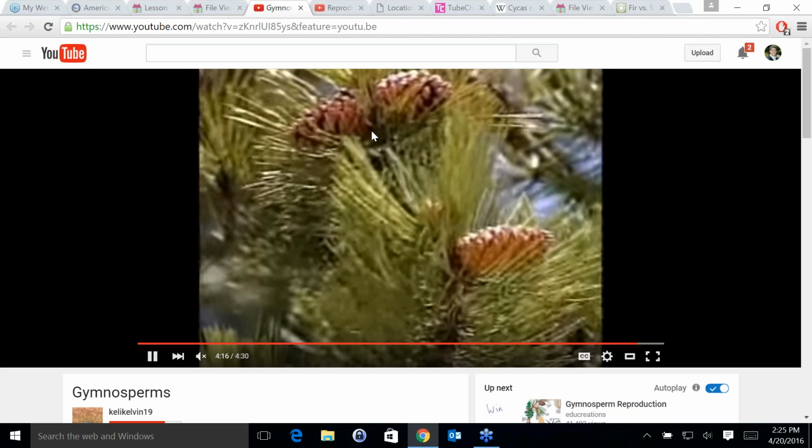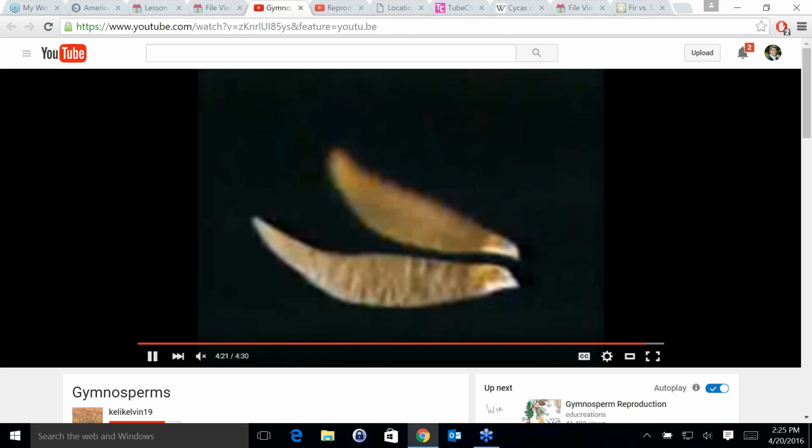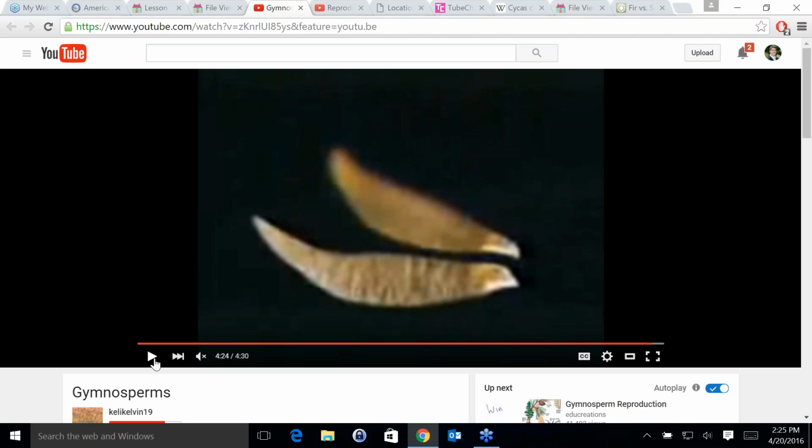The female cones are the hard, woody ones. Normally, whenever you think of cones, we think of the female cones. But there are also the male cones that look more fuzzy.